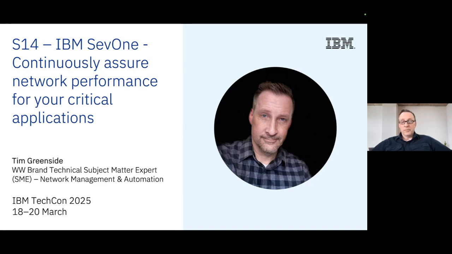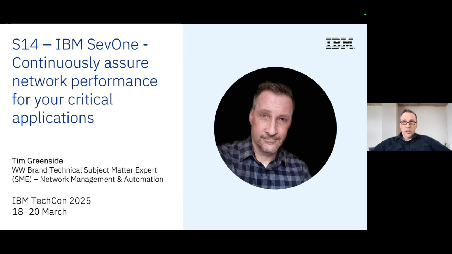Today, I wanted to talk with you about some of the ways that IBM has been working the SevOne solution, as far as being able to help you to continuously assure the network performance of your critical applications. I wanted to start out talking about some of the trends that we're seeing.